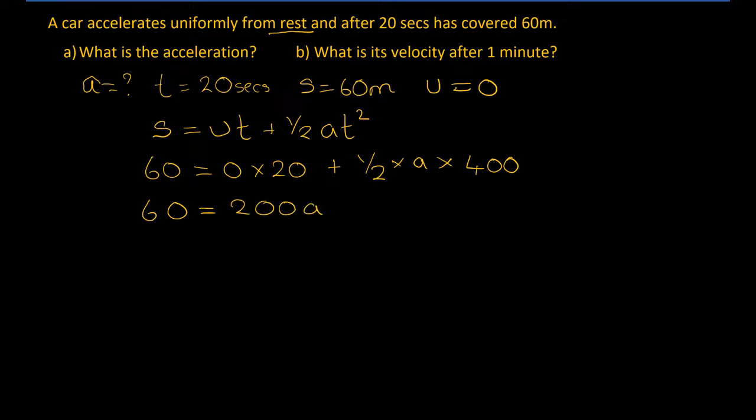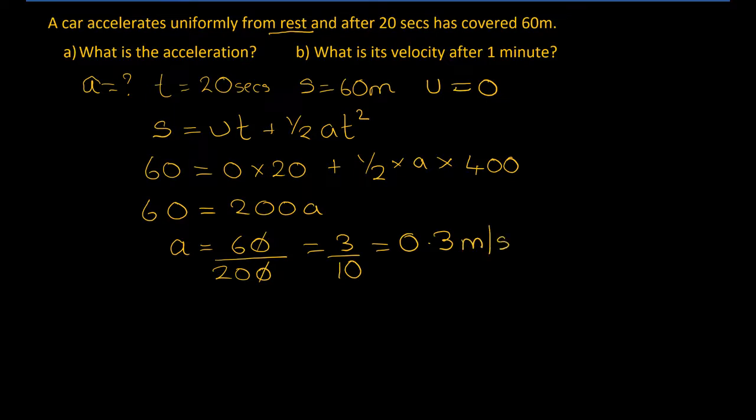So dividing both sides by 200, we get the acceleration is 60 over 200. Divide by 10, we get 6 over 20. Divide by 2, we get 3 over 10, which as a decimal would be 0.3. And acceleration is measured, in this case, in meters per second squared.